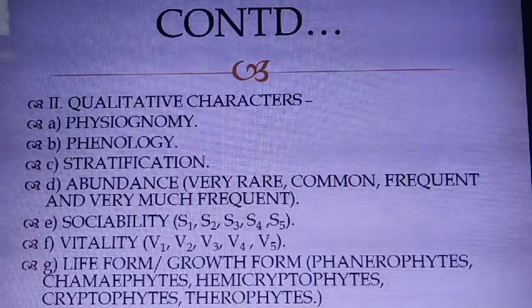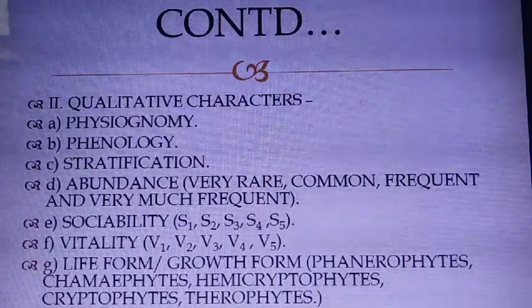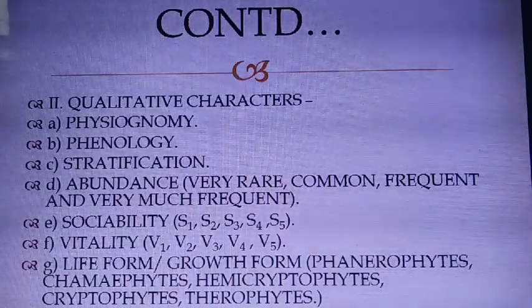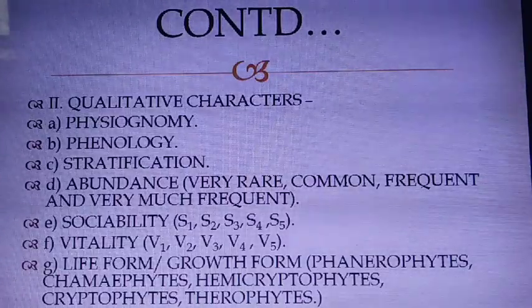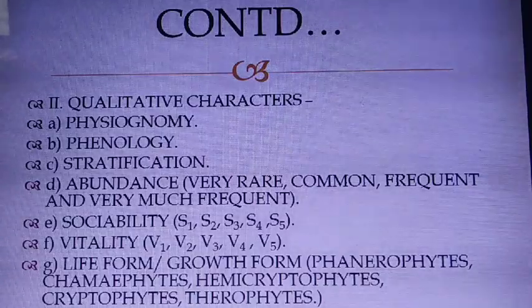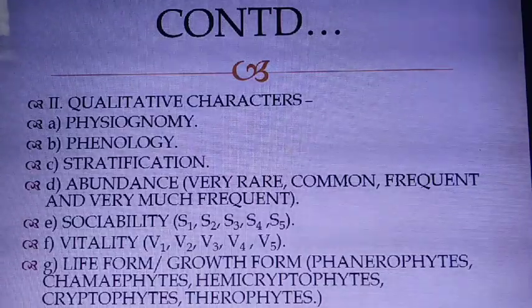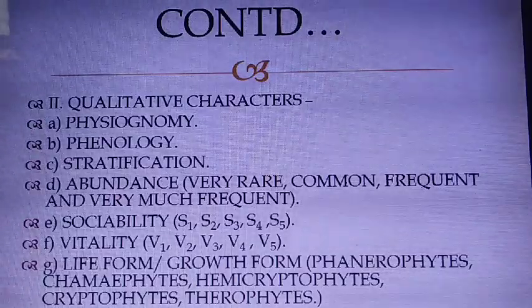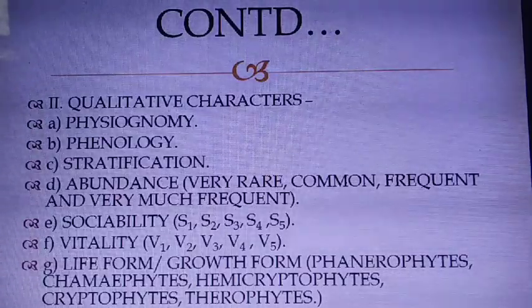In the case of quantitative, abundance is a number, that is, the total number of individuals of a species occurring, divided by the number of samples in which a particular species is occurring. That gives the value of the abundance.